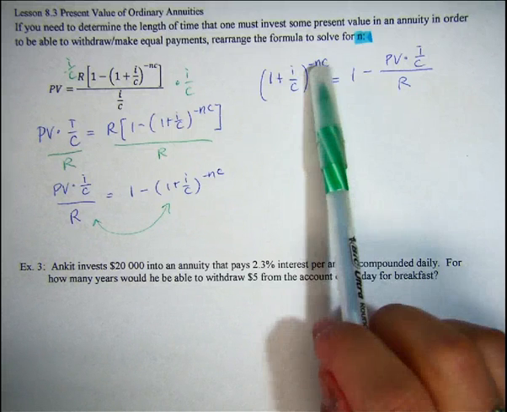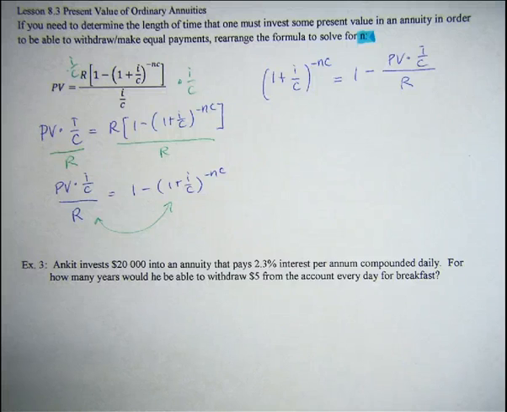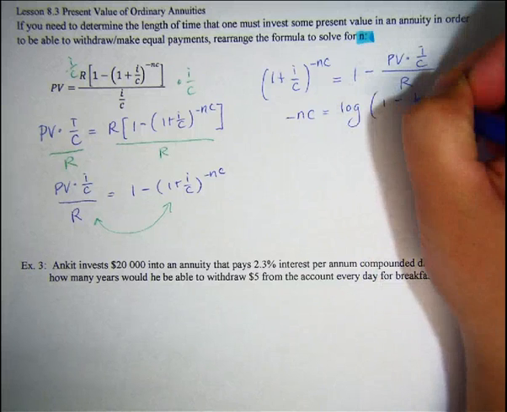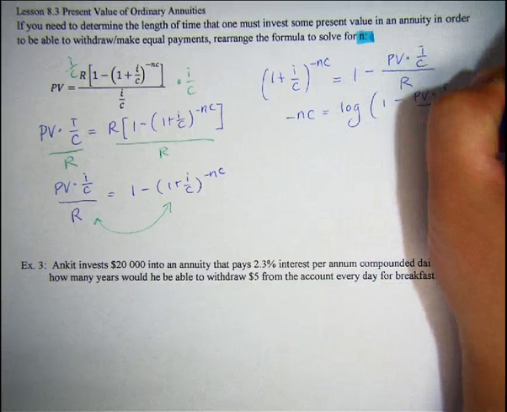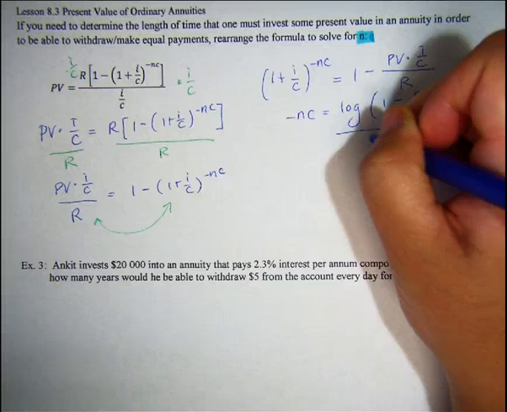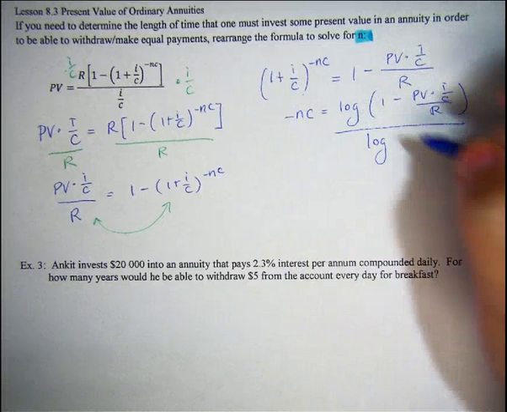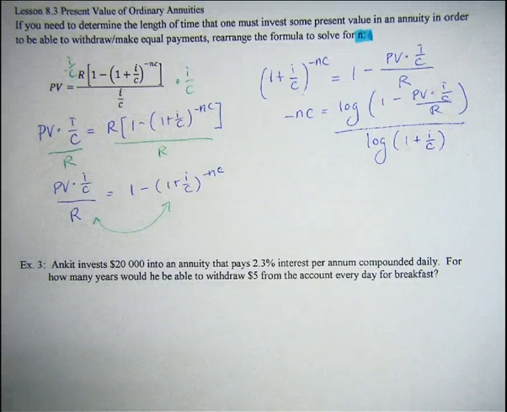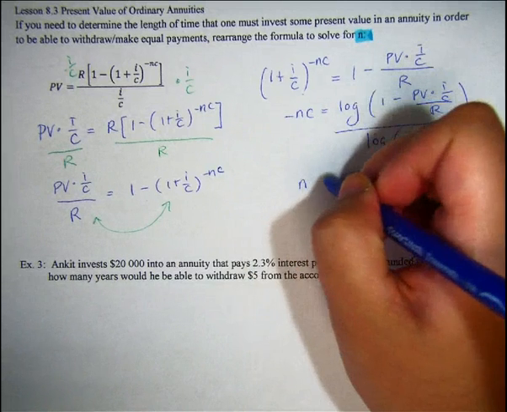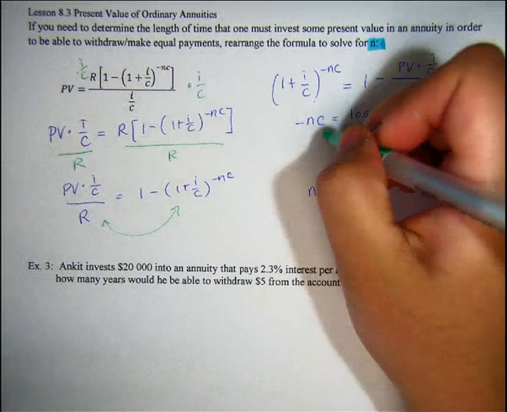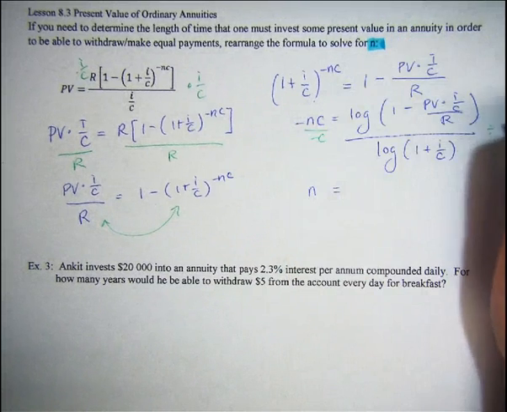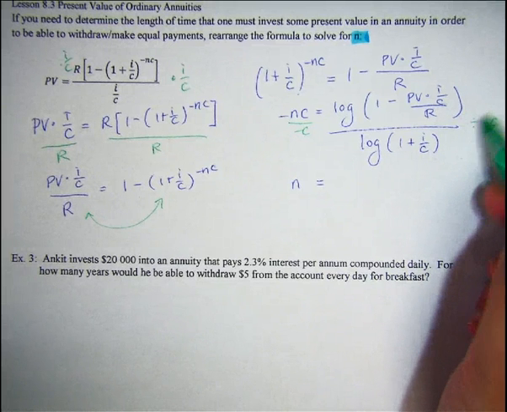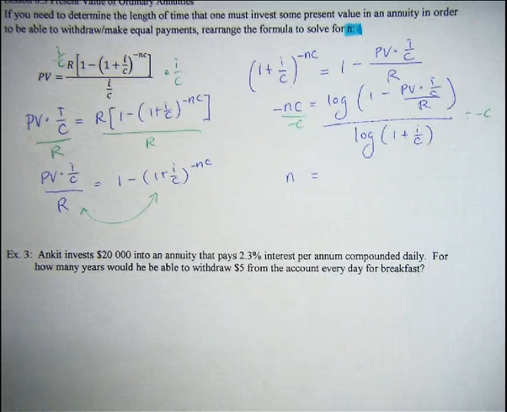Now, in order to solve for NC, you're going to need to use log. So negative NC is equal to log of this entire expression, lovely, divided by log of our base, 1 plus I over C. And last but not least, in order to get n, we are going to need to divide both sides by negative C. And when you divide a fraction, you take that value that you're dividing by and you just move it into the denominator.